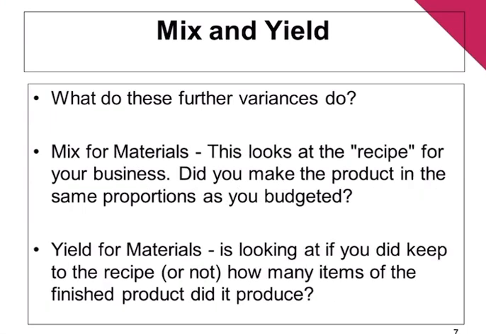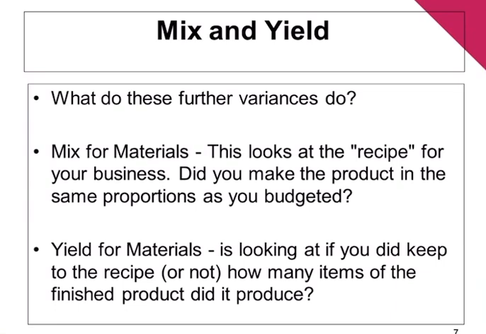Like I said, when we talk about materials, this is where mix and yield is very, very good. It looks at, say, the recipe to make a unit. In what proportion do you put these amounts of materials in?